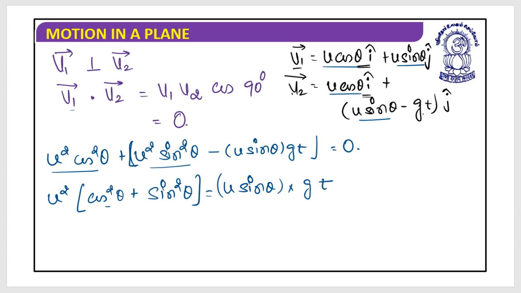Since cos square theta plus sin square theta is 1, we get u square equals u sin theta into gt.